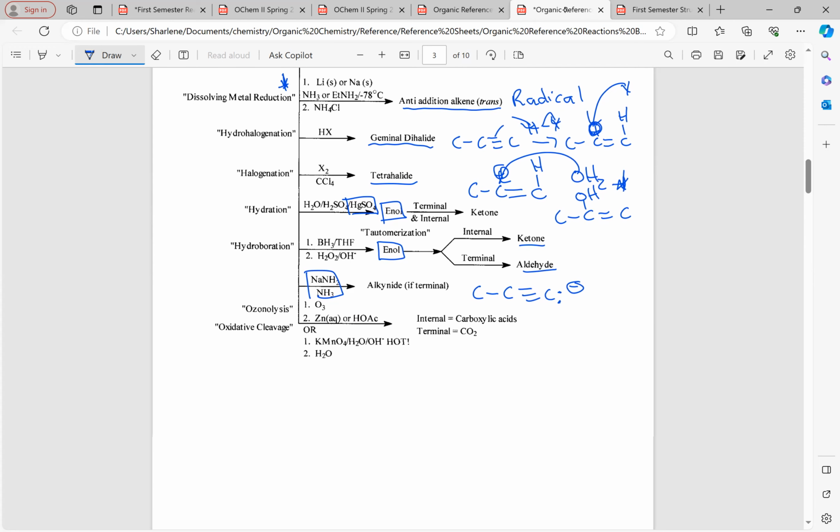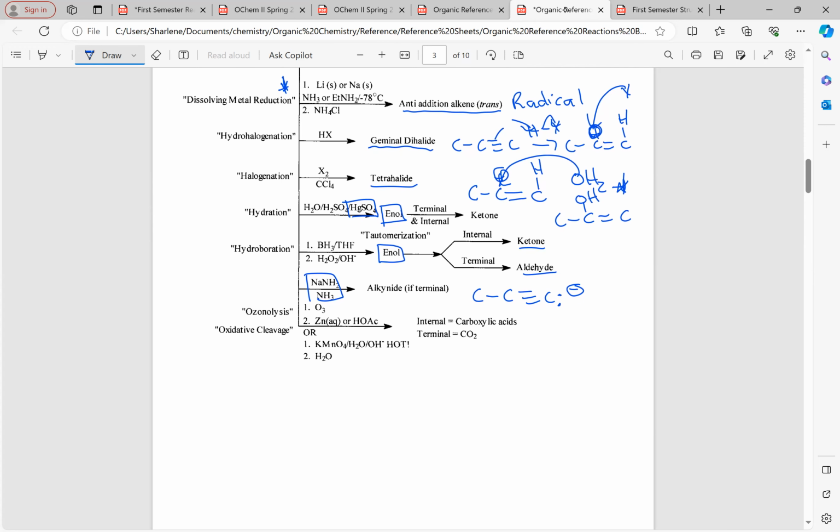And then in the oxidation and reduction chapter, we saw ozonolysis if you cleave, or KMnO4. The key here is if you cleave through three bonds, you have to replace three bonds. So you're stuck with carboxylic acids no matter what you do. And this one can be oxidized further into carbon dioxide.